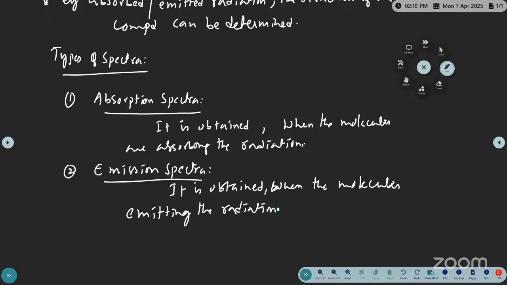So these are the two types of spectra: absorption spectra and emission spectra.